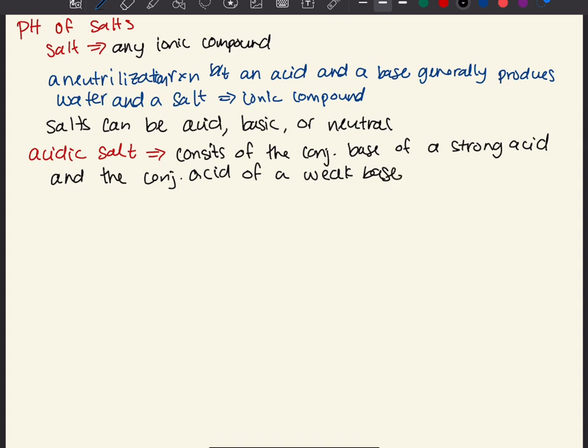And so in solution, the conjugate base of that strong acid is not going to react with water at all because the strong acid completely dissociates, whereas the conjugate acid of the weak base will react with water because it does not completely dissociate.